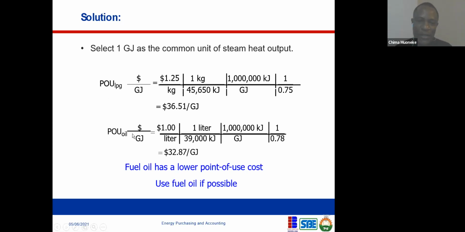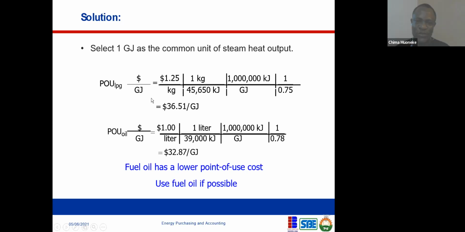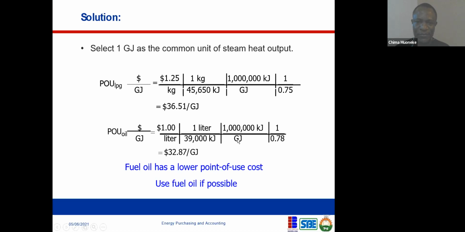Let us calculate the cost per gigajoule for using oil. We do the same thing. We are given the cost of the oil as $1 per liter. So we convert that liter to kilojoule. We are given the conversion factor in that question. We are told that 1 liter contains 39,000 kilojoule, right? So we alternate the value because we want to cancel out this liter, and we have 39,000 kilojoule.